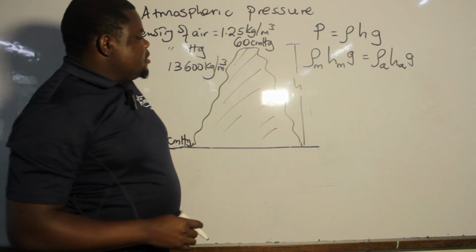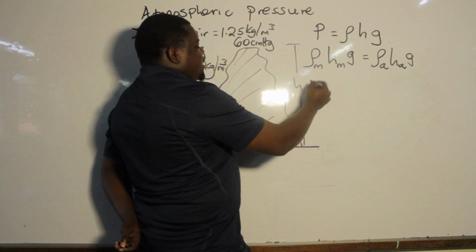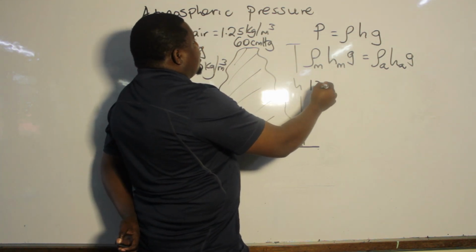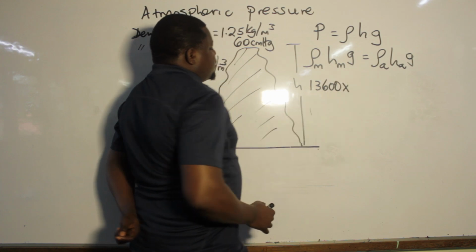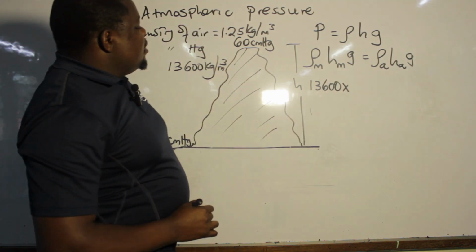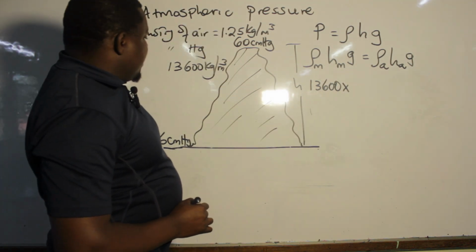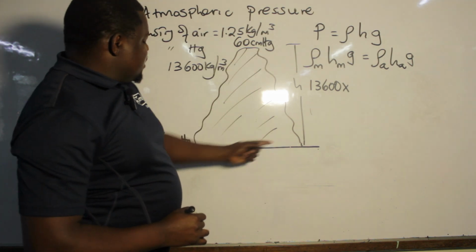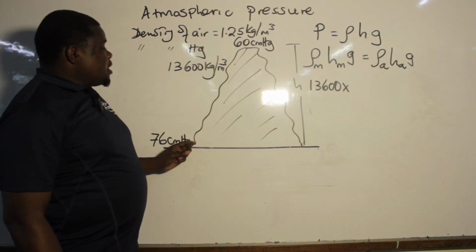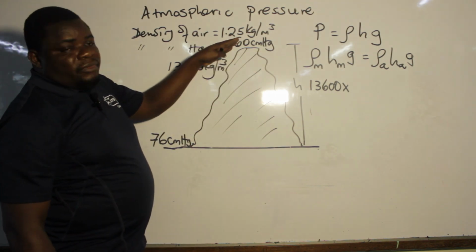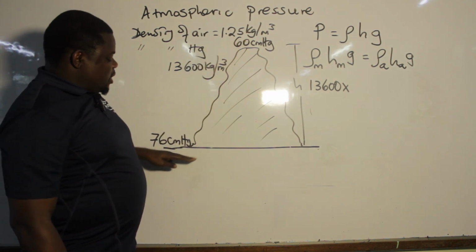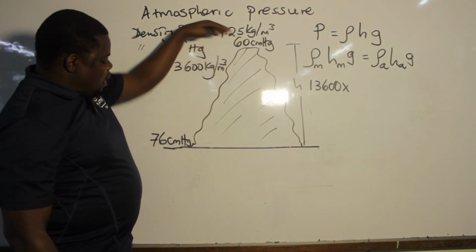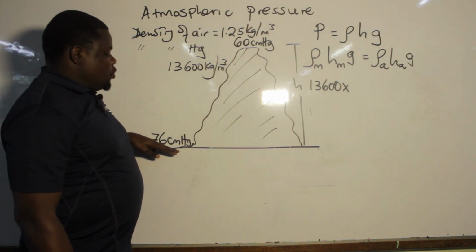So density of mercury, we've seen, is 13,600 times the height difference. Here we know it is 76, but as we go up, an increase in altitude leads to a decrease in pressure. That's why the pressure at the top is lower and higher at the bottom.